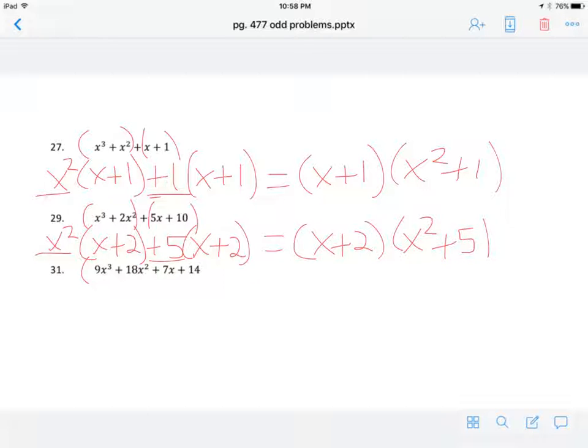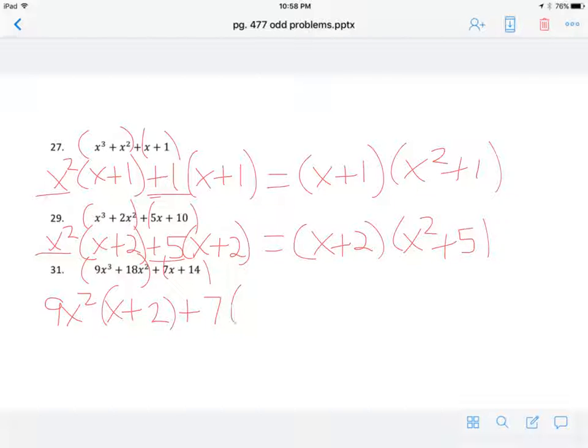Okay, and then 31, same thing, parentheses. You start getting the swing of things here. 9 goes into both 9 and 18, and both of them have an x squared as a factor. So then when I factor out 9x squared from the first term, I'm just left with an x. From the second term, I'm left with a 2.